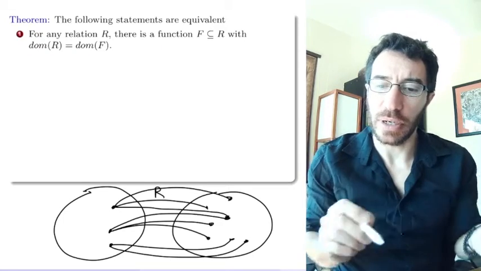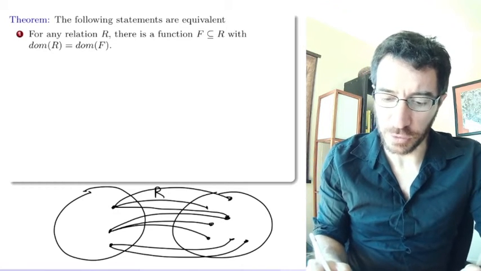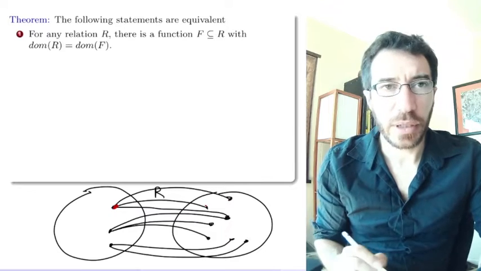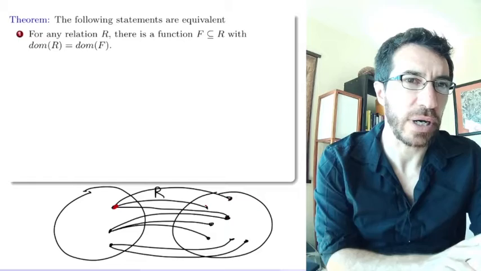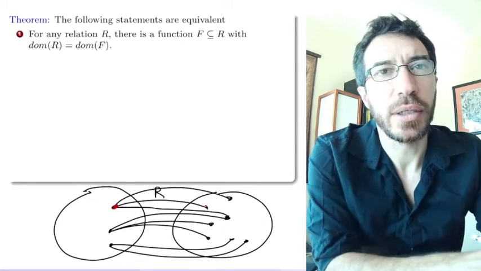In a function, a point from the domain can be connected to at most one point from the range. So for instance, this point is connected to 3 points in the range, and that's not good. If you want a function, you cannot map one thing to many things. You can only map it to one.